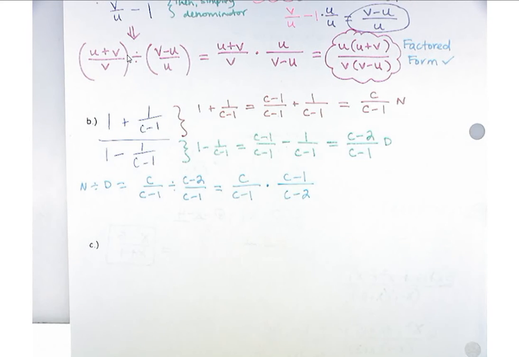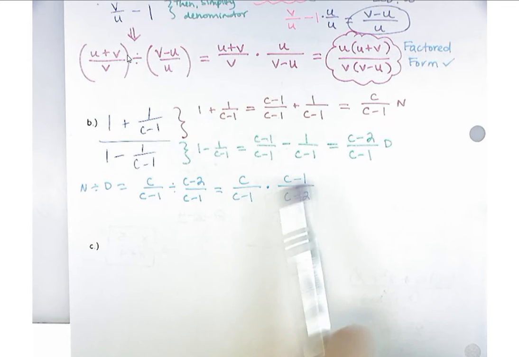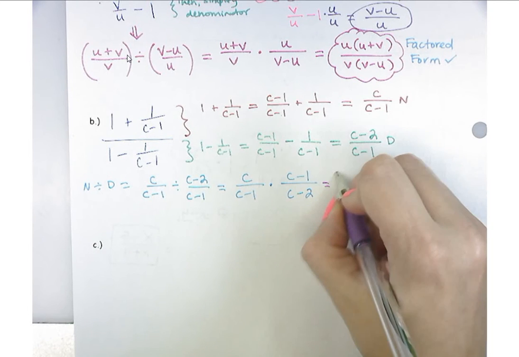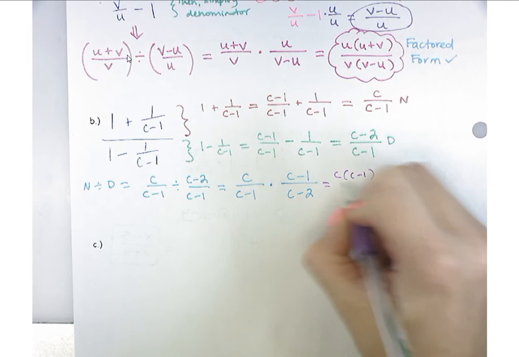Now, just like what you did for homework the other night, you can still simplify if you have a common factor in the numerator and in the denominator. Okay, so I'm just going to do that in the next step so you can see it.